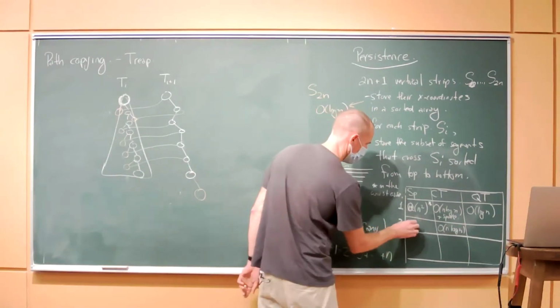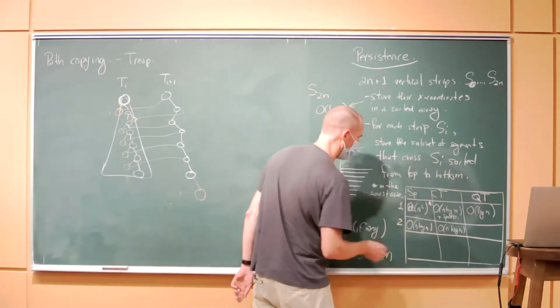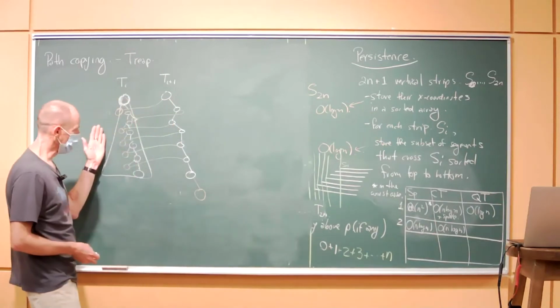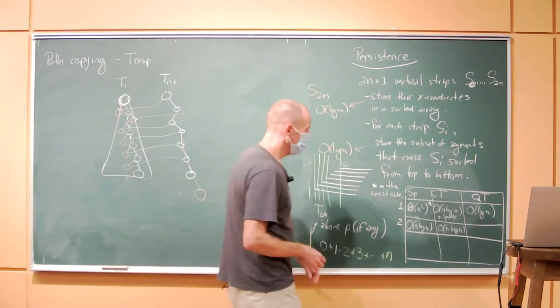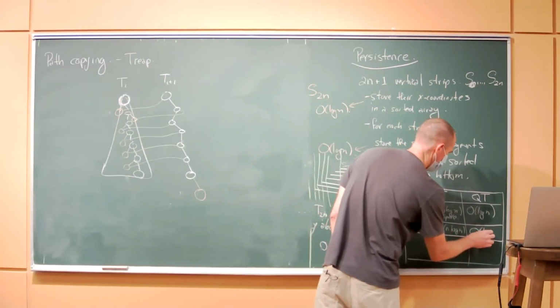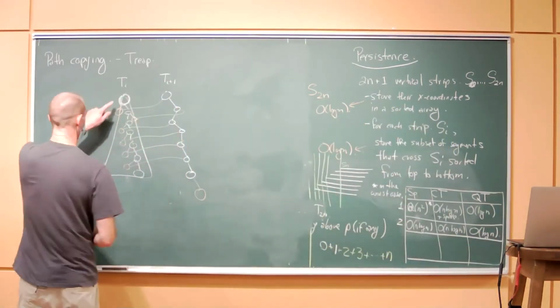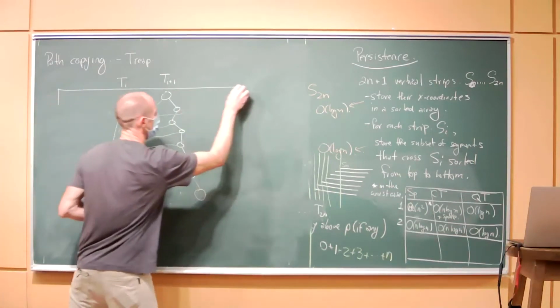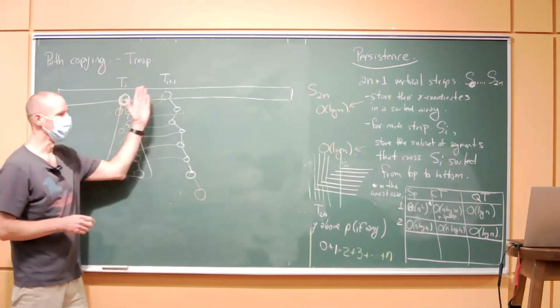The space is going to be O of n log n, because each time we do one of these operations, we're copying a whole path of length log n. And the query time is going to be O of log n, because the roots of these things will be stored in, let's say, a sorted array.